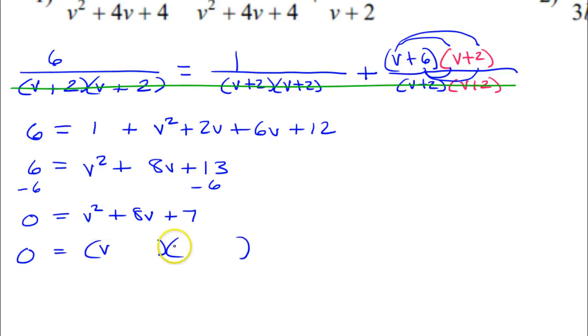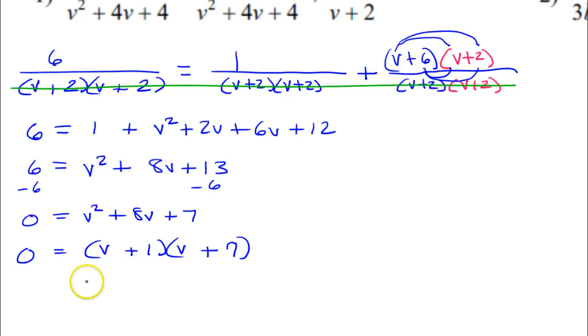V squared will be v times v. 7 will be 1 times 7. Inner plus outer equals middle. Inner, I have 1v. Outer, I have 7v. To make 8v, both of these need to be positive, which means that both of these would be positive. And a positive times a positive is a positive for the positive 7. So this is working out great.